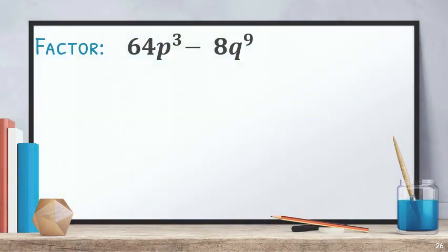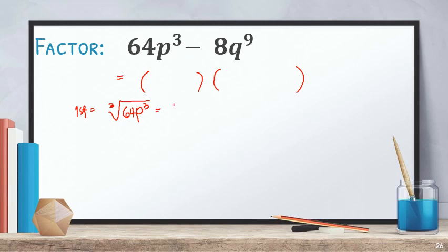So let's have our last example. So we have 64p cubed minus 8q raised to 9. So again, our final answer must be the product of a binomial and a trinomial. So again, let us first get the first term of our first factor. So we will get the cube root of 64p cubed, which is the first term of the given.